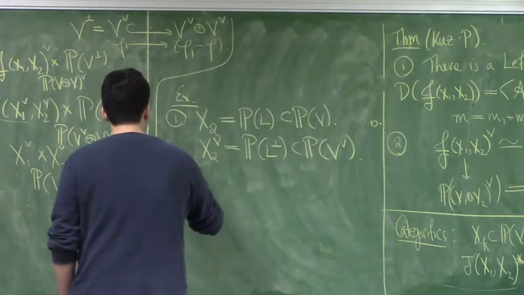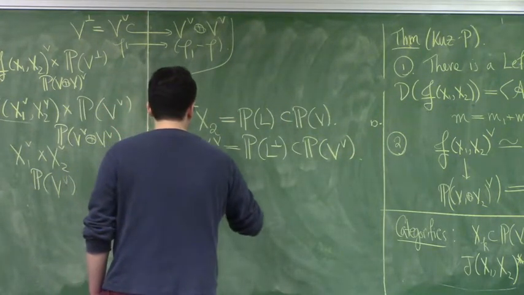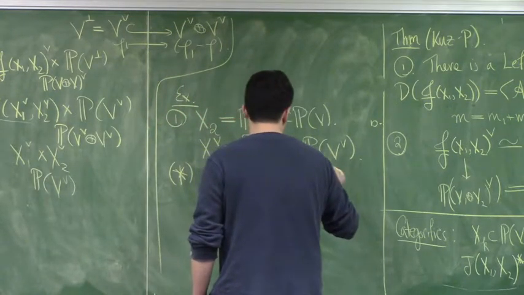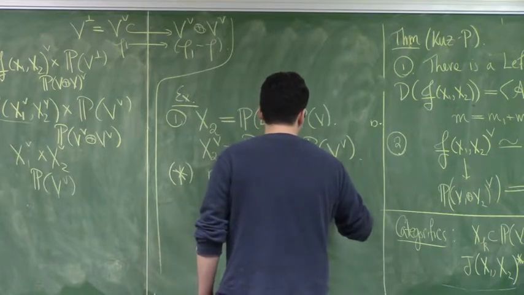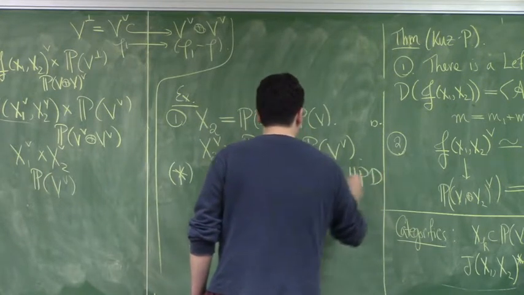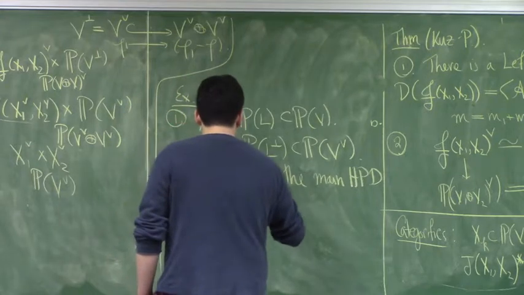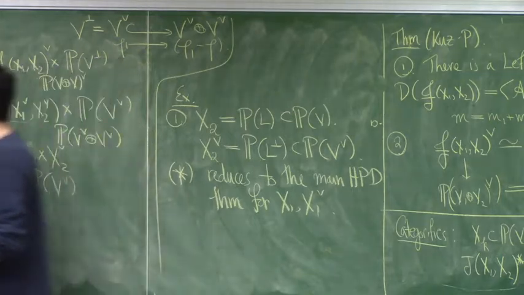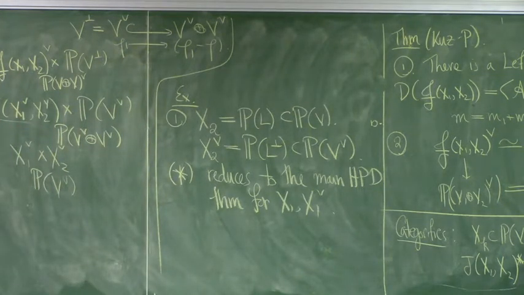And this thing star reduces to the main HPD theorem for x1 and its dual, because here x2 is a linear section. I'm taking a linear section of x1 and the orthogonal linear section, and I'm getting an equivalence between these remaining components. So the way you should think of star is it's a nonlinear version of the main theorem of HPD.